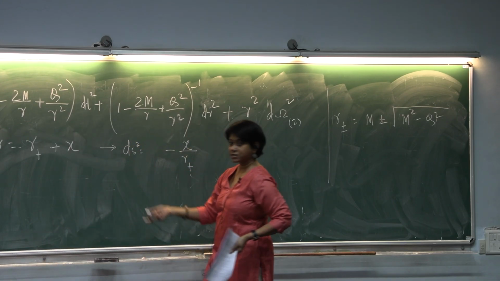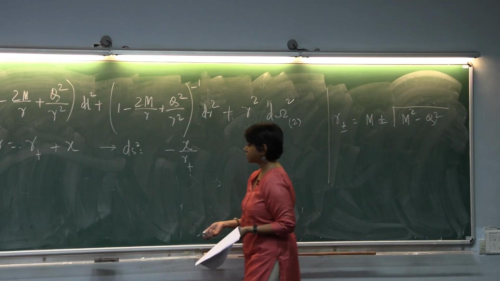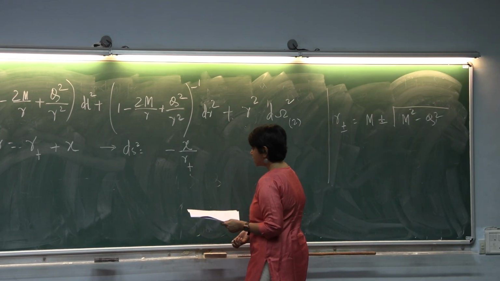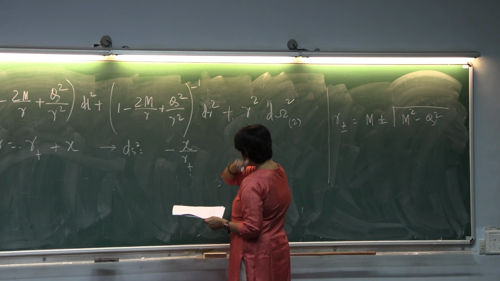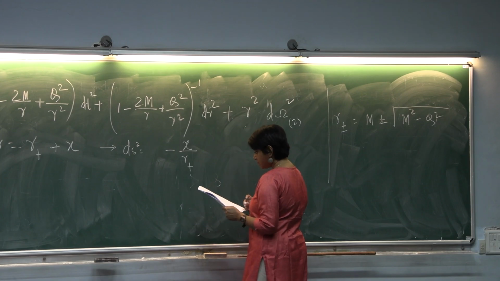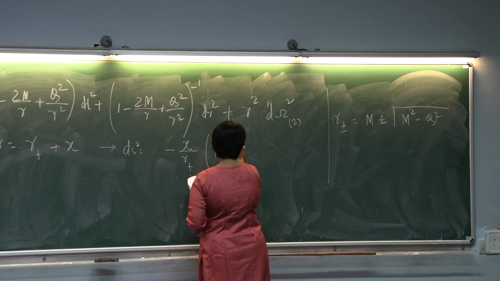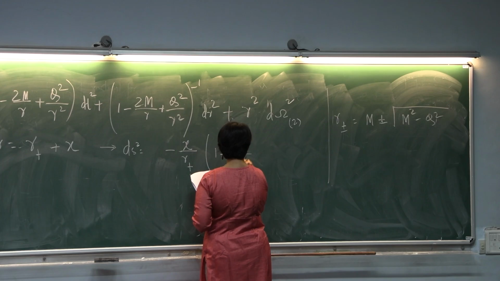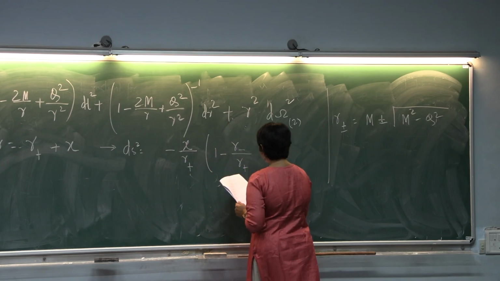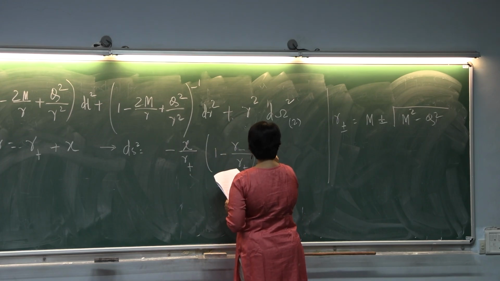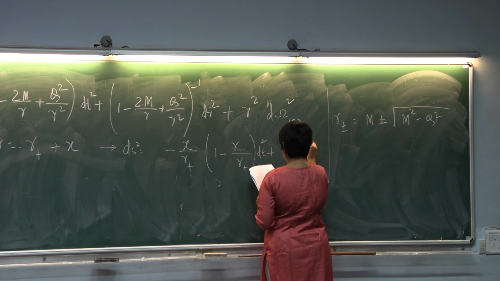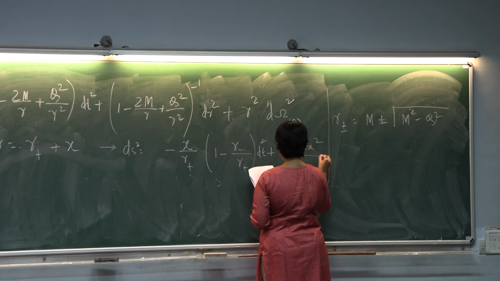So I wrote down in terms of r plus and r minus, and then when I took that near horizon approximation, the ds square turns out to be minus x by r plus, 1 minus r plus, dt square plus r plus dx square divided by x.